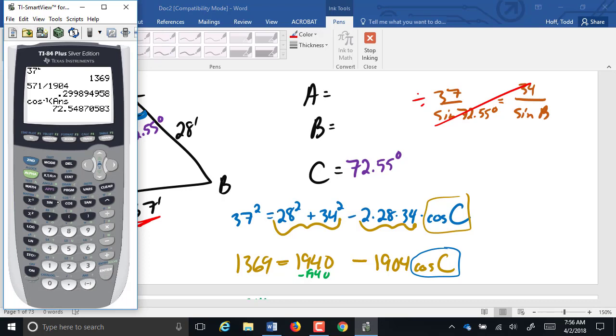So sine 72.55 times 34 divided by 37. 0.8766.